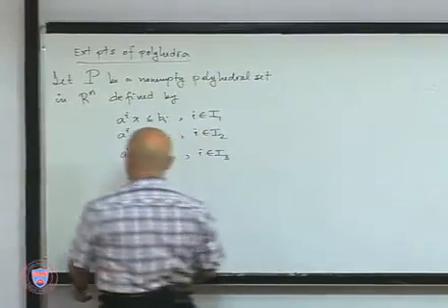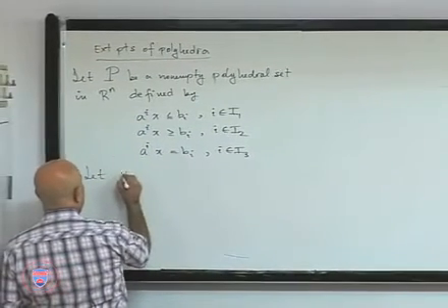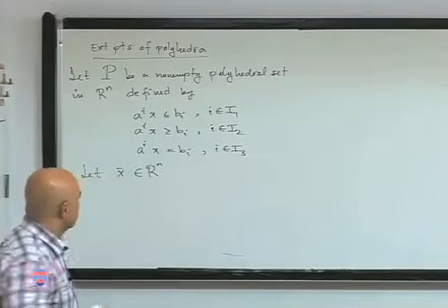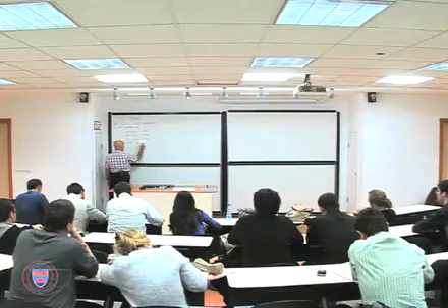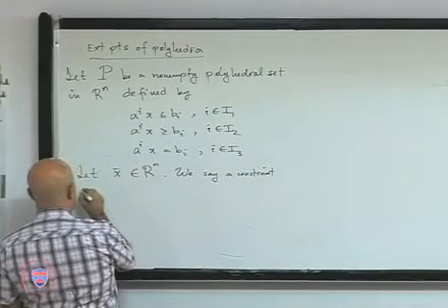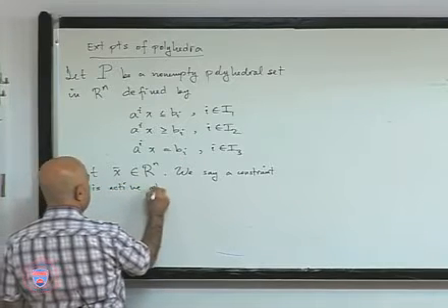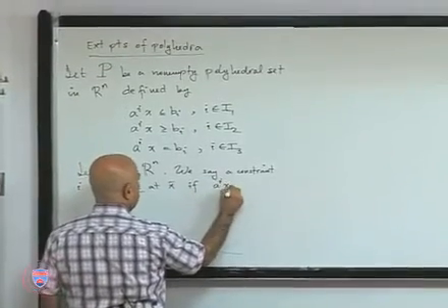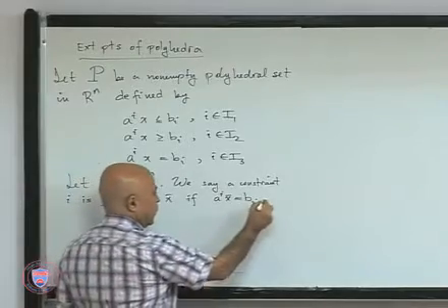Okay. Let me give you one additional definition here. Let x bar be a point in R^n. We say a constraint i is active at point x bar if that particular constraint holds as an equality at x bar.